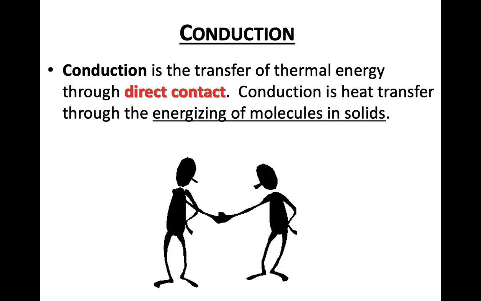Now, something specific that I've had you write down here is that conduction happens when molecules are moving, the energizing of molecules. We've been talking a lot in class lately about the movement of molecules.